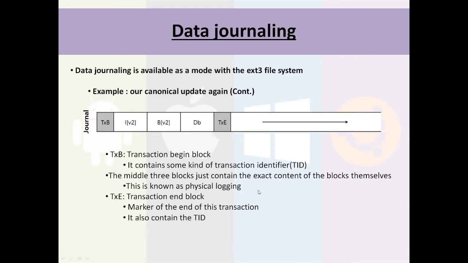The middle 3 just contain the exact contents of the blocks like I mentioned, and this is known as physical logging. And then lastly, TxE, well, obviously if we have a begin, we need to have an end. And it marks the end of a transaction, and also contains the same TID value as our begin block. So we can use these to basically encapsulate, or surround, our 3 writes.